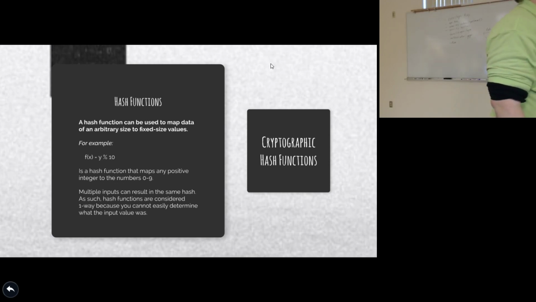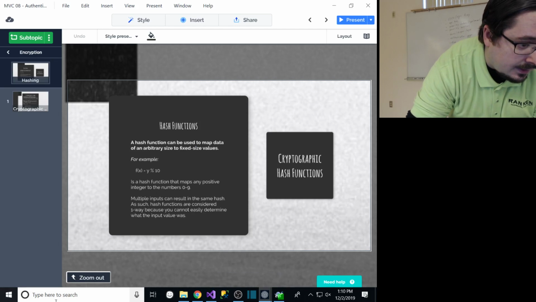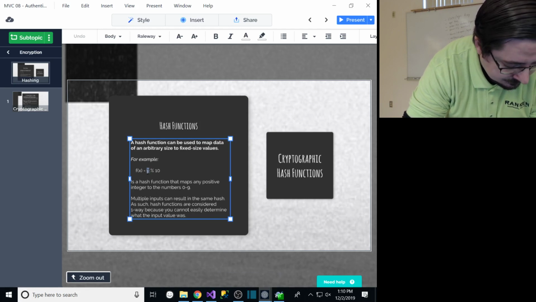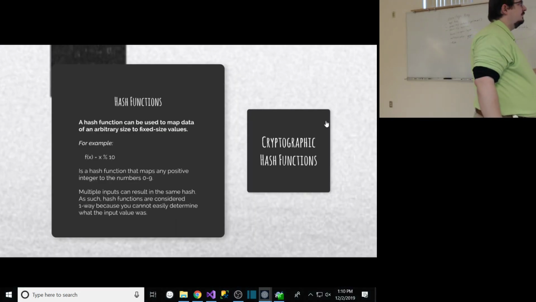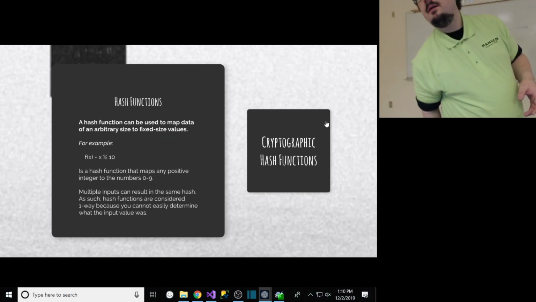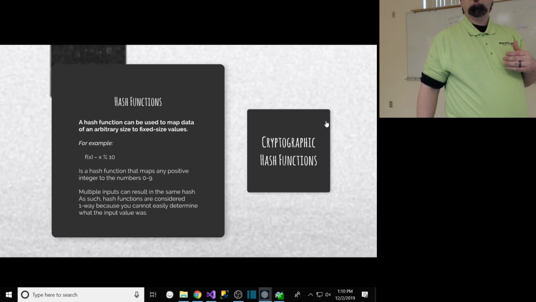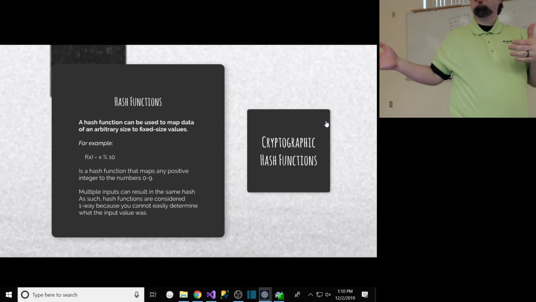Okay. So a simple hash function might be something like this. Oh, there's a typo there. That should be X. So I take a simple function and it's just X mod 10. Okay? So whatever number I get in, it's always going to end up with a number 0 to 9.